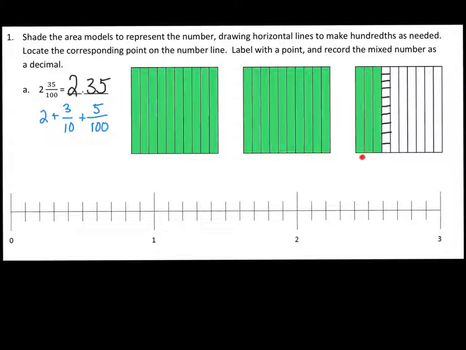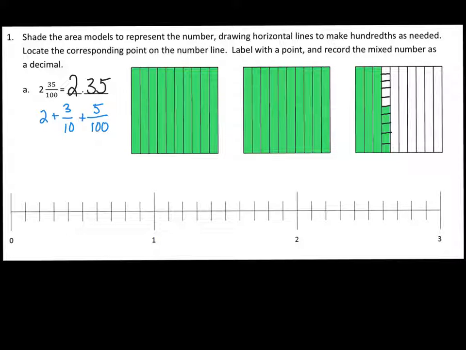We represented 10, 20, 30, and we can only color in 5 of these. We got 1, 2, 3, 4, 5. So this represents 2 and 35 hundredths. Pretty cool, right? Well, let's see now if we can actually place it on the number line.